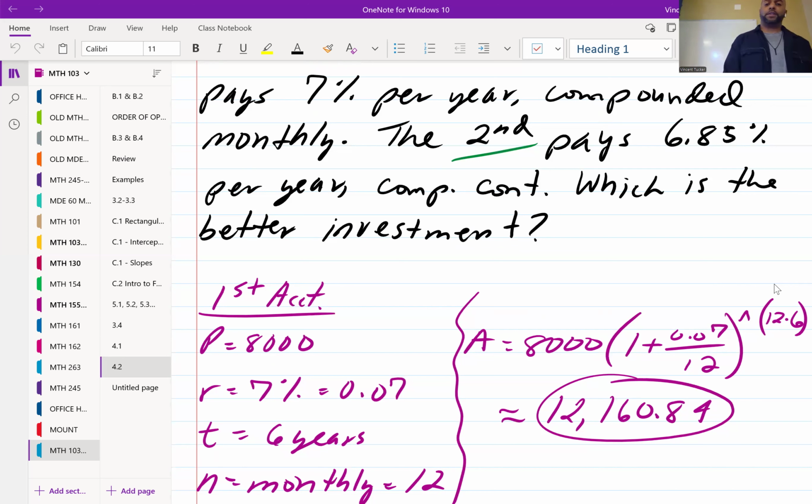T is 6 years, and monthly is 12 for our N. We see the formula over here: 8,000 times 1 plus 0.07 divided by 12, raised to the 12 times 6 power. That gives me $12,160.84.